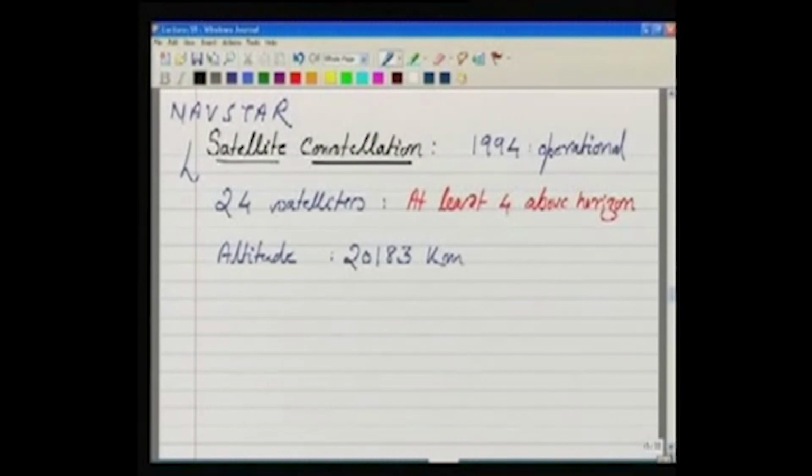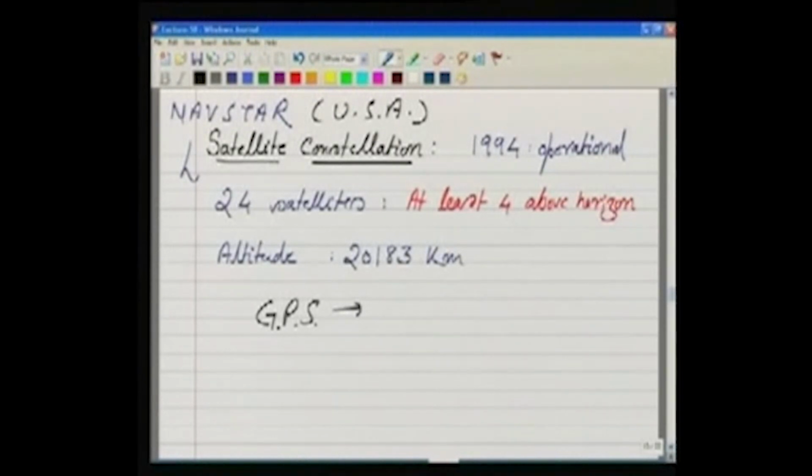Okay, a little bit about the information. This is basically more of information, and a lot of this can be found on the internet also. When we say GPS, mostly we use it as a synonym of the Navistar satellite constellation, or Navistar. This is a United States system.